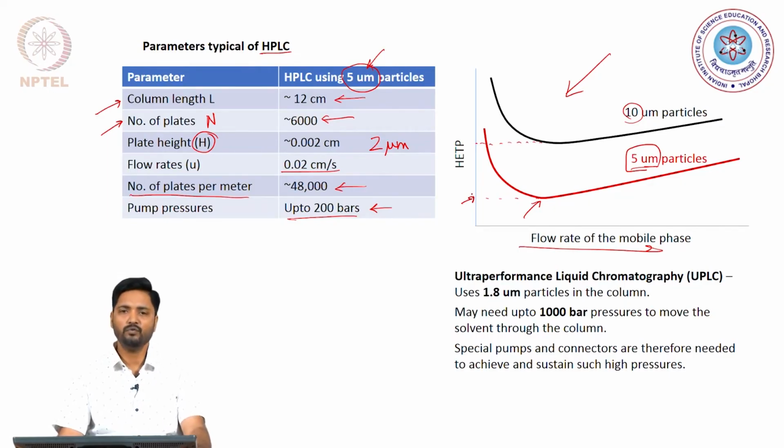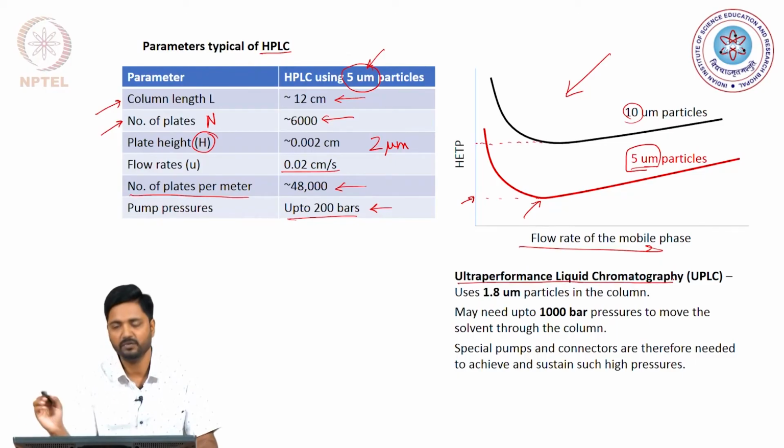A sort of extreme to this is what is known as ultra performance liquid chromatography, which is picking up quite rapidly and is abbreviated as UPLC.